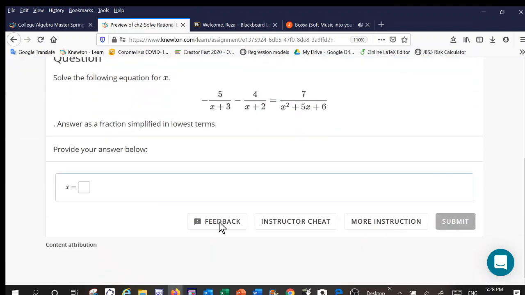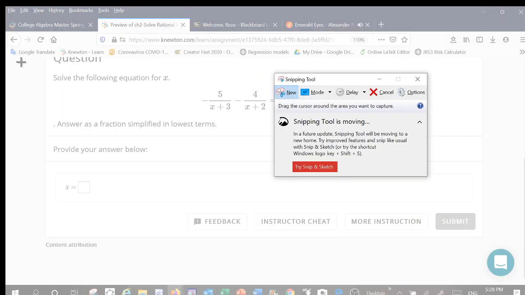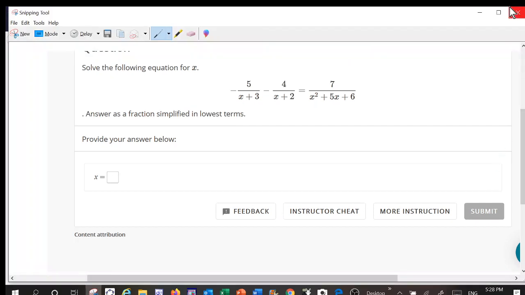All right, so here's another one. In this case, let's see. We have a bunch of denominators, and this denominator is easy to deal with. This is just one factor. But this one right here can be factored into 2.